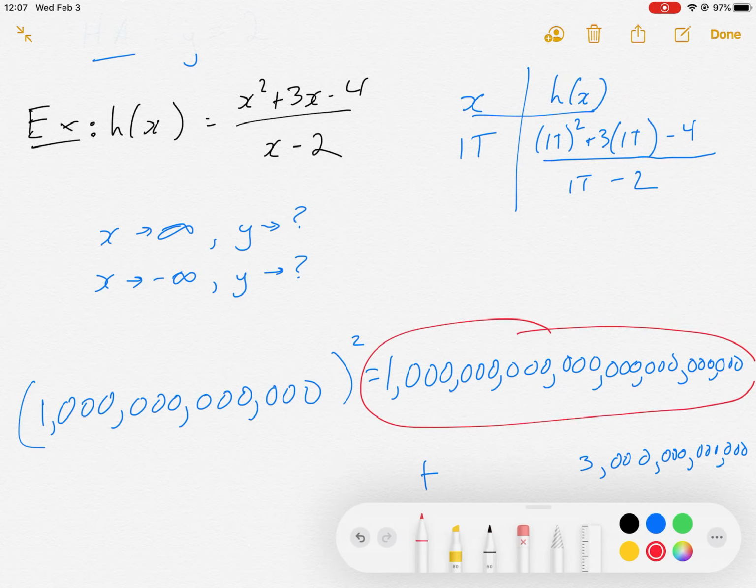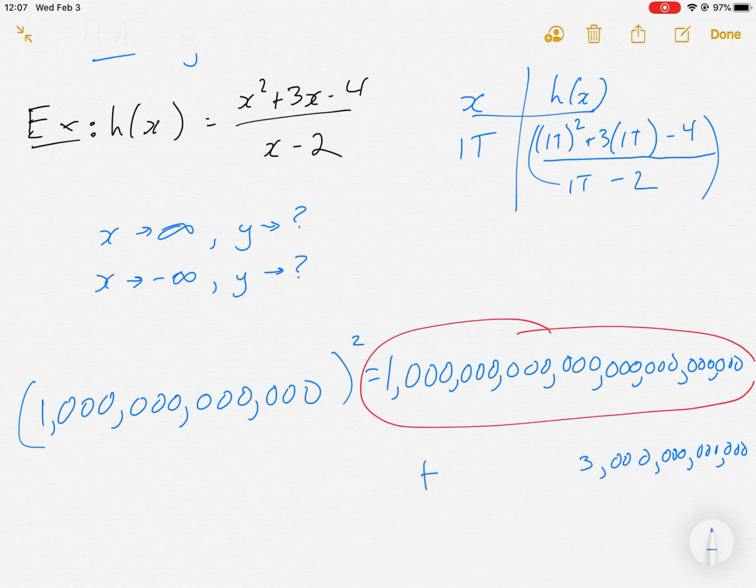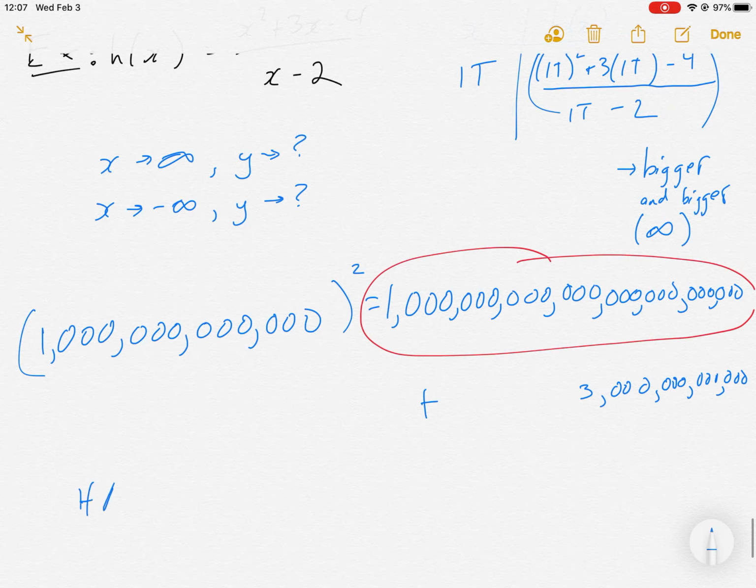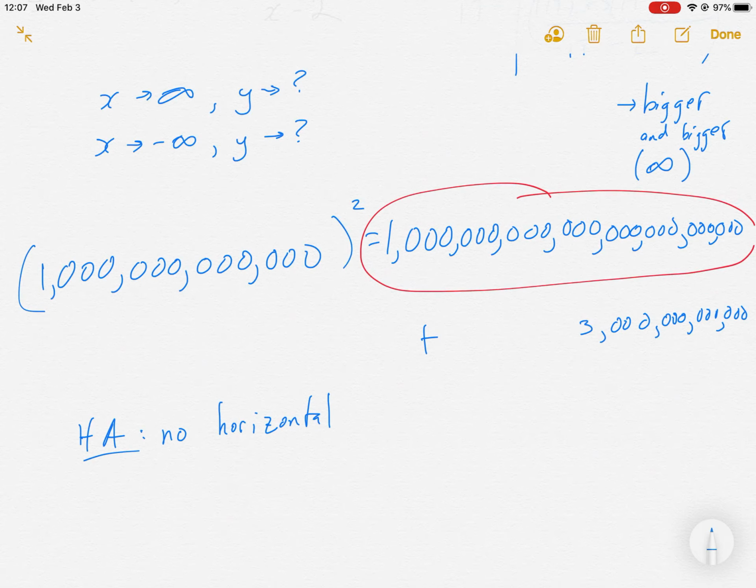And so you'll notice, if I go back to my original expression up here, this is actually just going to end up being bigger and bigger and bigger if you plug this into a calculator. It doesn't go to a single number, i.e. infinity, or if you go the other way, it'll be negative infinity. So in this case, we would say that there's actually no horizontal asymptote. In some classes, you'll then talk about a slant asymptote, but I'm not going to be discussing a slant asymptote with you today.